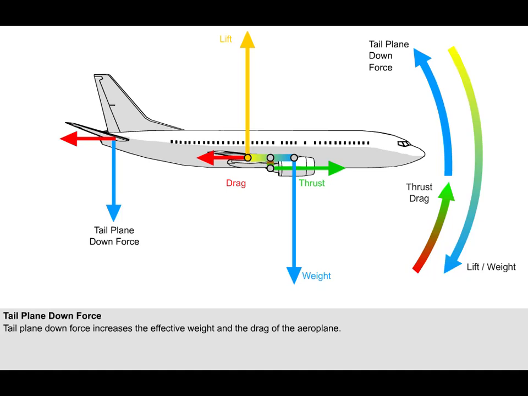It will, therefore, produce induced drag as well as parasite drag. Therefore, the greater the amount of balancing force produced by the tailplane, the greater the aeroplane's aerodynamic drag. We will shortly understand that the two additional forces provided by the tailplane are detrimental to the aeroplane's en route performance in terms of range and endurance.